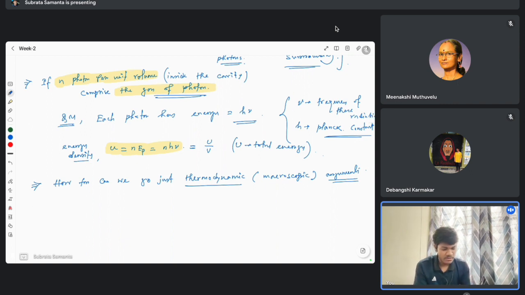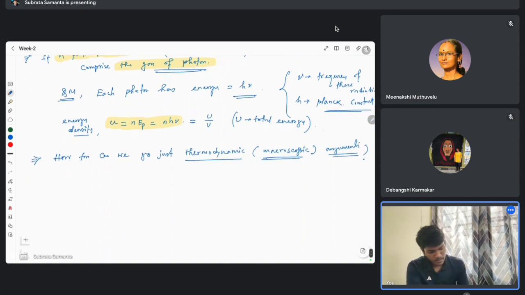Macroscopic means the classical picture. So we will see where the macroscopic and thermodynamic arguments fail to predict, what kind of problems appear, and that's why we need a quantum mechanical argument that compensates for these problems.